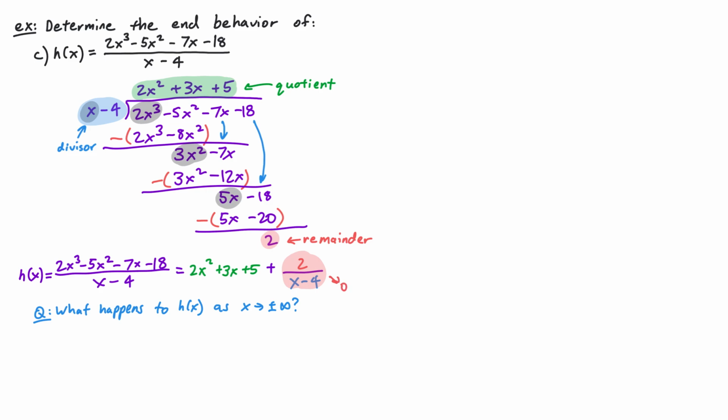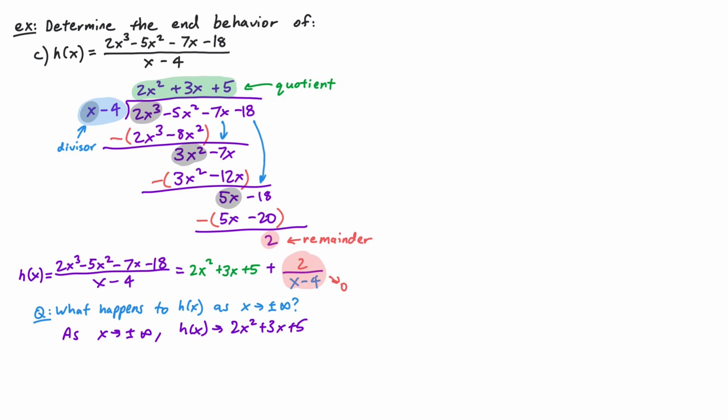So our function will behave more and more like the quotient. So as x goes to plus or minus infinity, our function h of x gets closer and closer to 2x squared plus 3x plus 5. This time, our function behaves like a quadratic rather than a linear function.